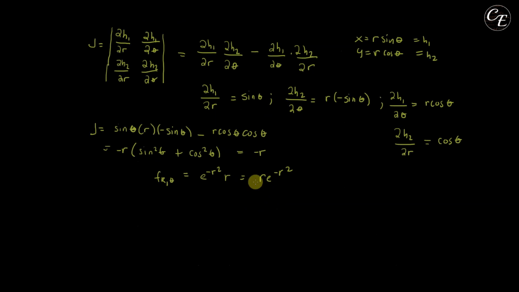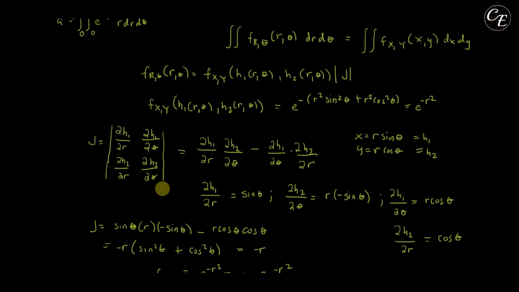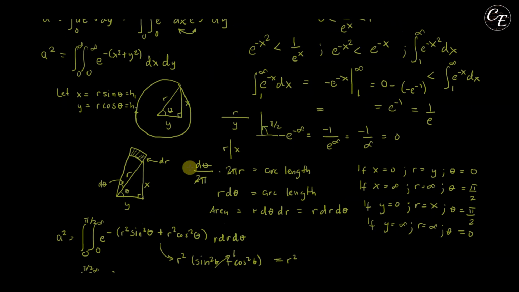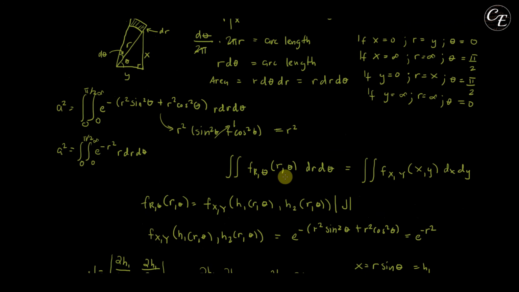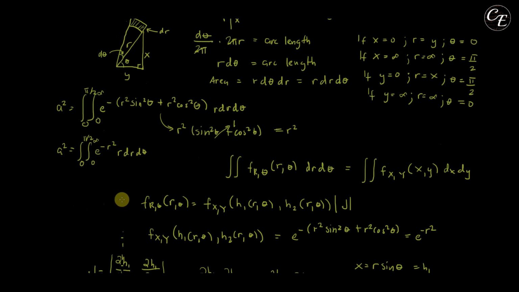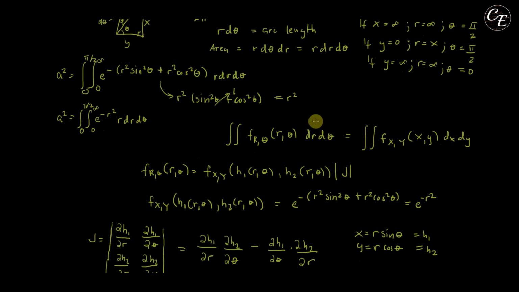Now for this one we can construct this, and this one is equal to that one, which is equal to a squared. So a squared is equal to the double integral of r e raised to negative r squared dr d theta.